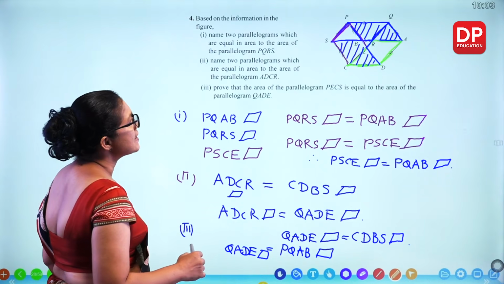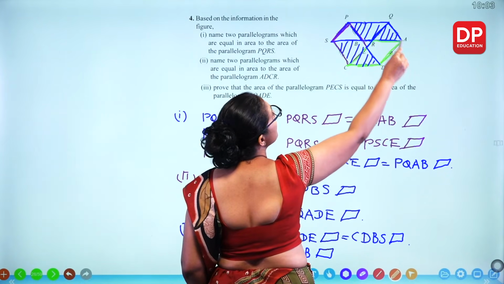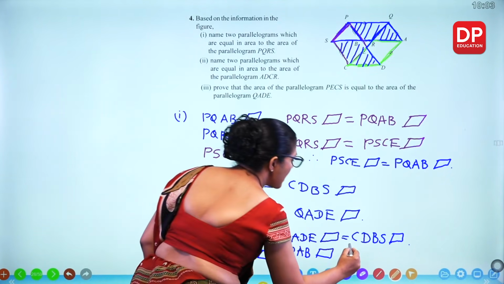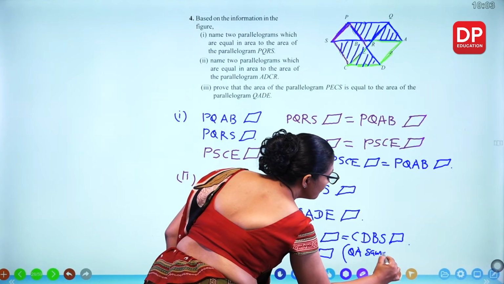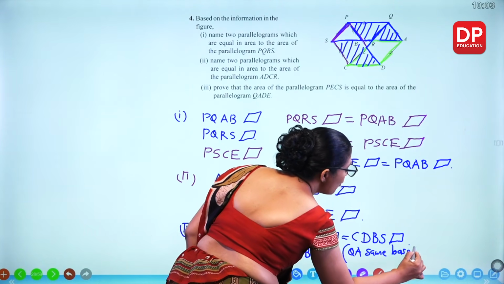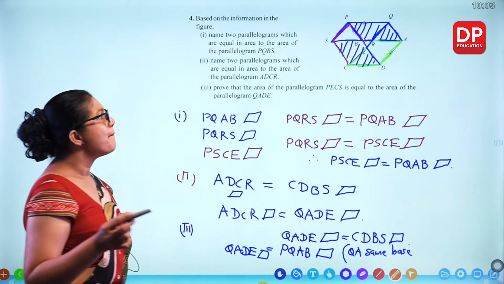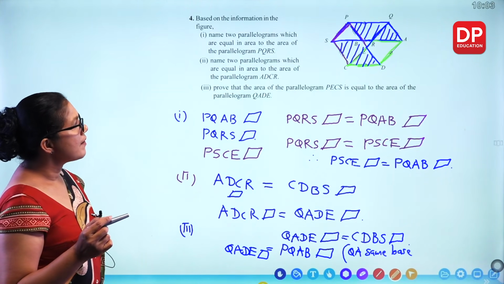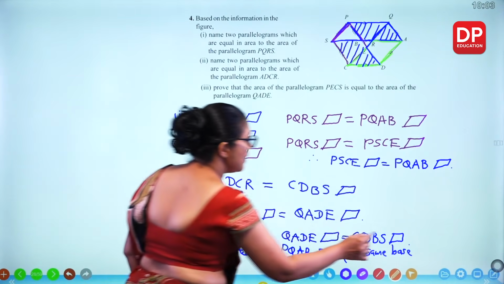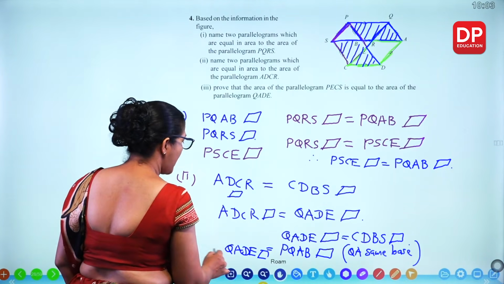What's the reason? Same base. What's the base? QA is the same base. And both are in between the same parallel lines.